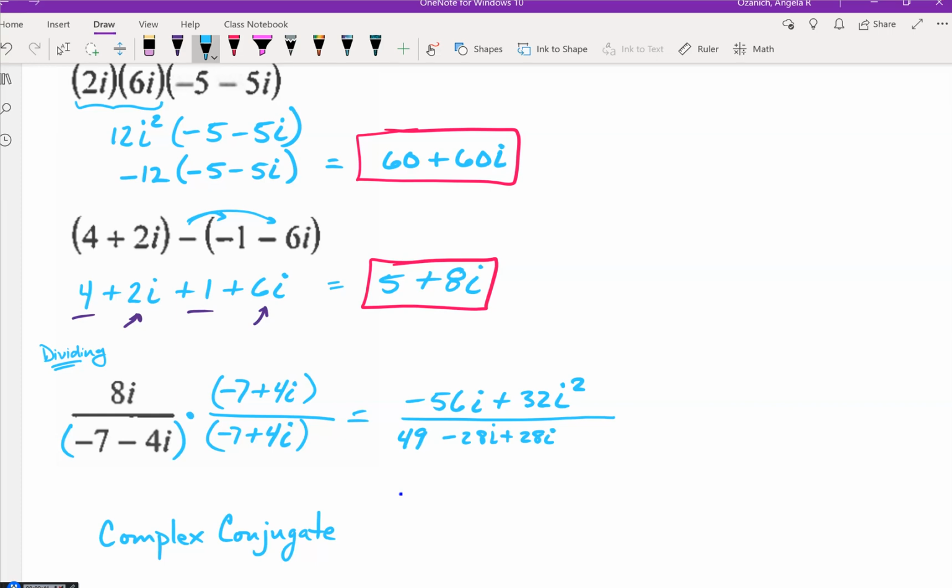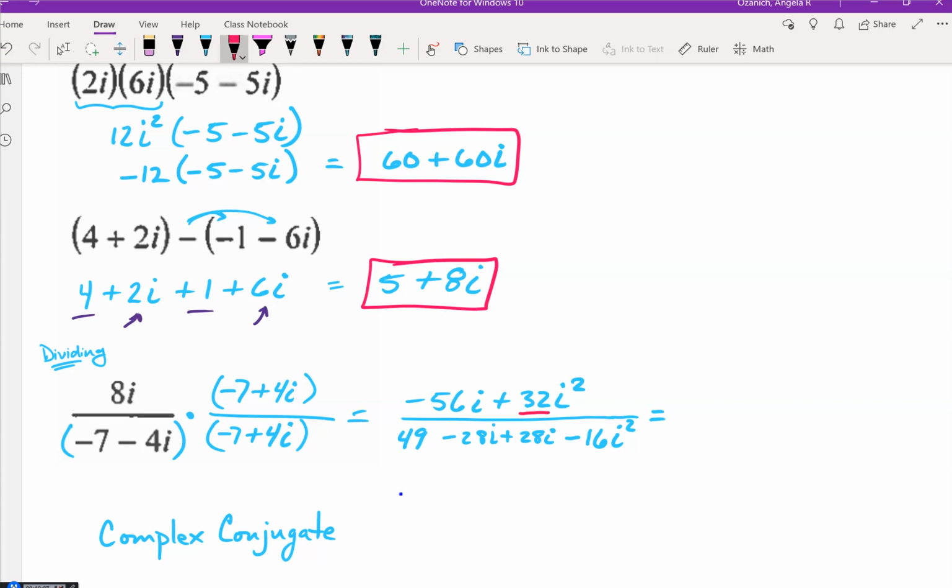And then my negative 4i times my positive 4i is going to be a negative 16i squared. But don't forget, that little i squared is going to get special attention. Okay. So in the next step, let's go ahead and give our special attention to our i squared and change it to a -1, and we'll see how things turn out.